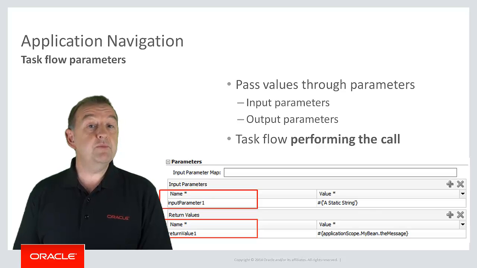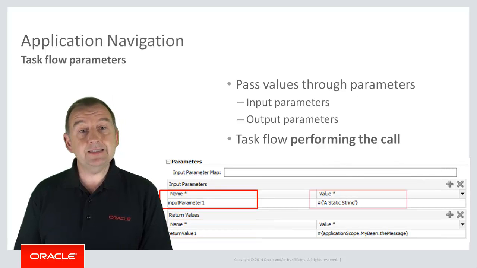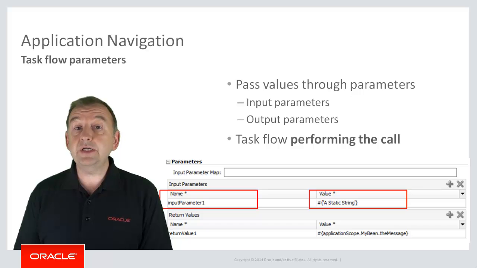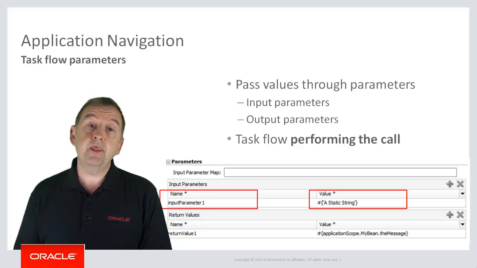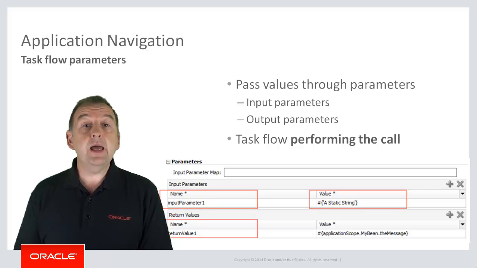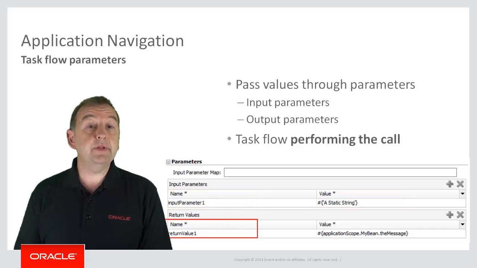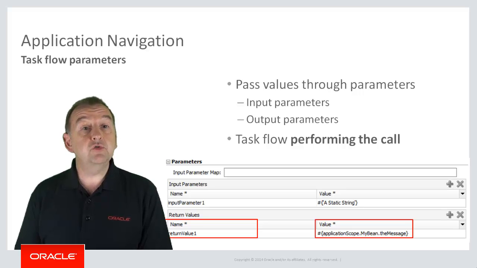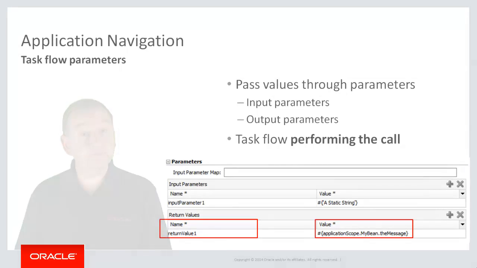For the input parameter, I'm passing in a static string using the expression language notation. And for the return value, I'm passing the value into an application scope bean, and my calling task flow can refer to that variable to read the value of the return value 1 parameter.